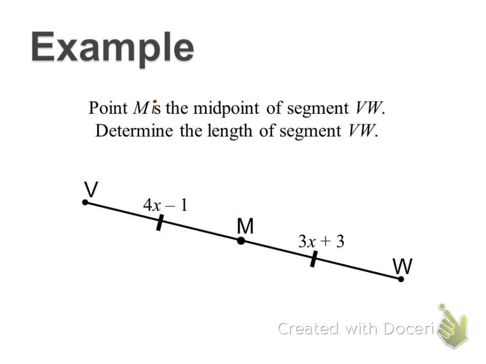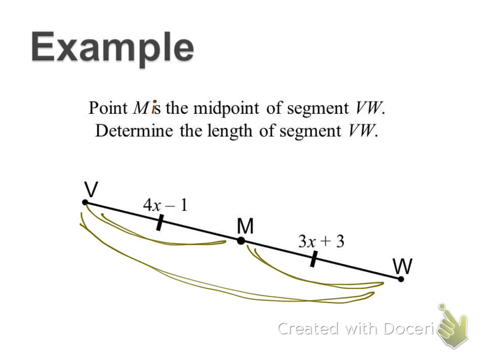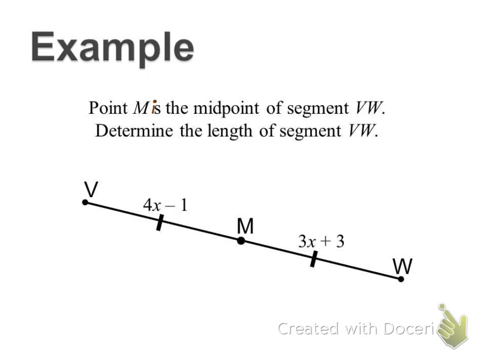I have point M as the midpoint of segment VW, and I need to find the length of the segment VW. Now, if this was segment addition, which we talked about in the last section, you'd want to add VM and 3x plus 3 and get a total. Well, notice we don't have a total here that we could work with, so that's probably a hint that segment addition doesn't work, besides the fact it says midpoint.